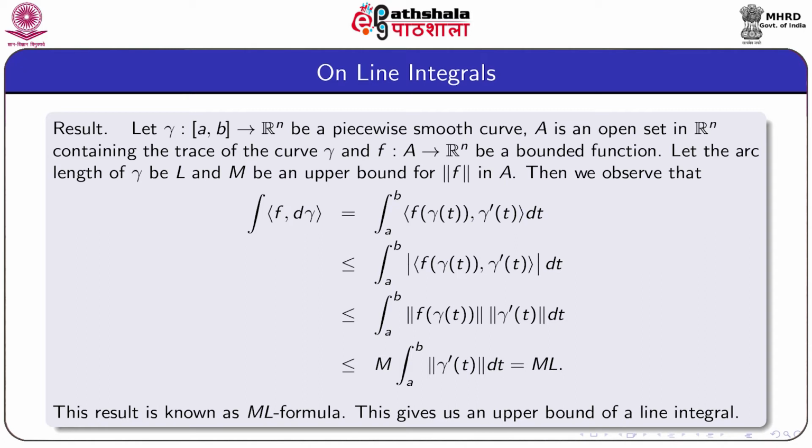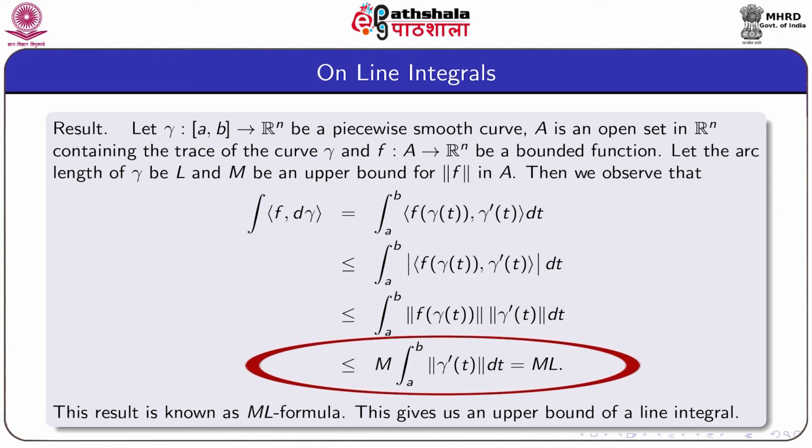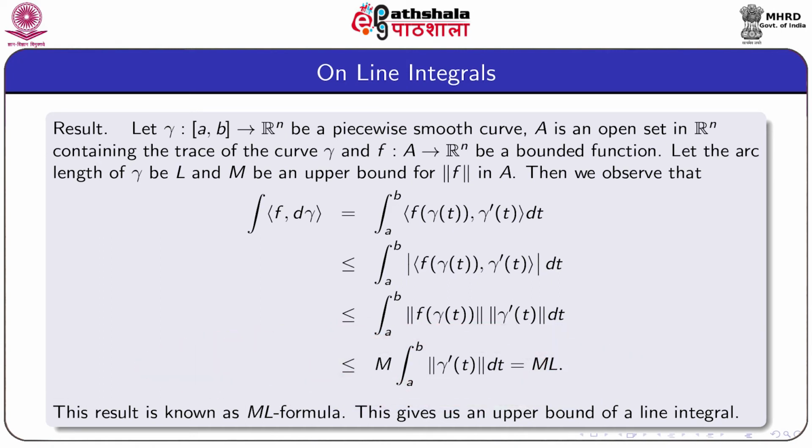Now for every t, norm of F(gamma(t)) is less or equal to M. We use the property of Riemann integration and find that it is less or equal to M times integral a to b norm gamma dash(t) dt. We know integral a to b norm gamma dash(t) dt is nothing but the length of the curve gamma, which equals L. So this equals ML. This gives an upper bound of a line integral.